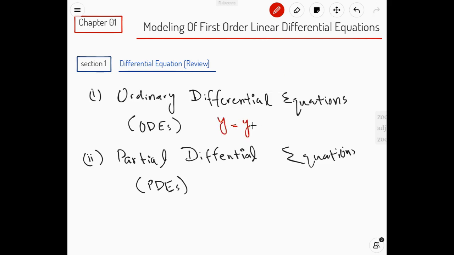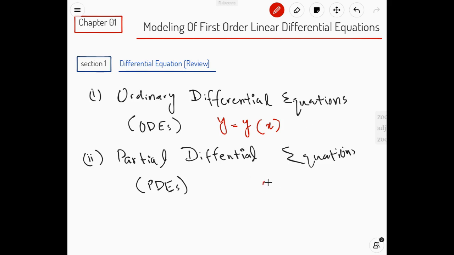Then it is the function of only one variable, x. And since the unknown function is the function of only one variable, therefore the derivatives that will appear in an ordinary differential equation are the total derivatives, not the partial derivatives.